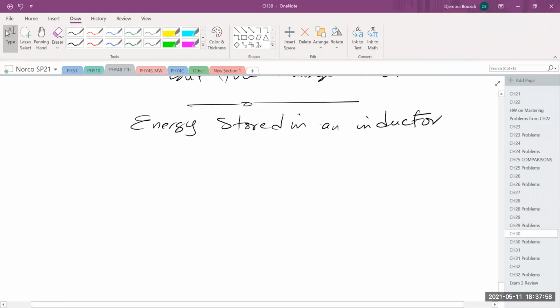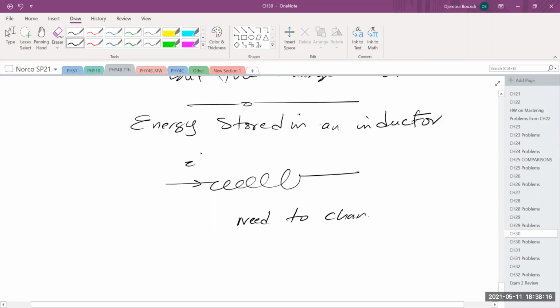I have a current I already running through an inductor, and I want to change it by di over dt amount of time.